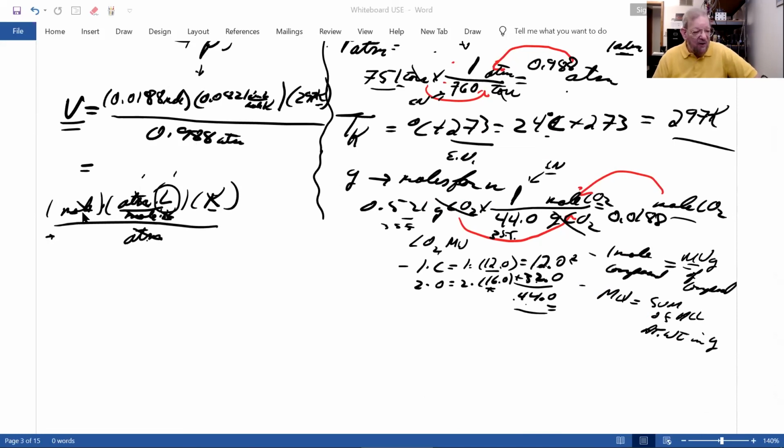So I have moles times atmospheres liter per mole Kelvin, that's R, times temperature in Kelvin, divided by the pressure in atmospheres. Now, forget about the bottom here. If we just look at the top, moles and per mole on the bottom cancel out.